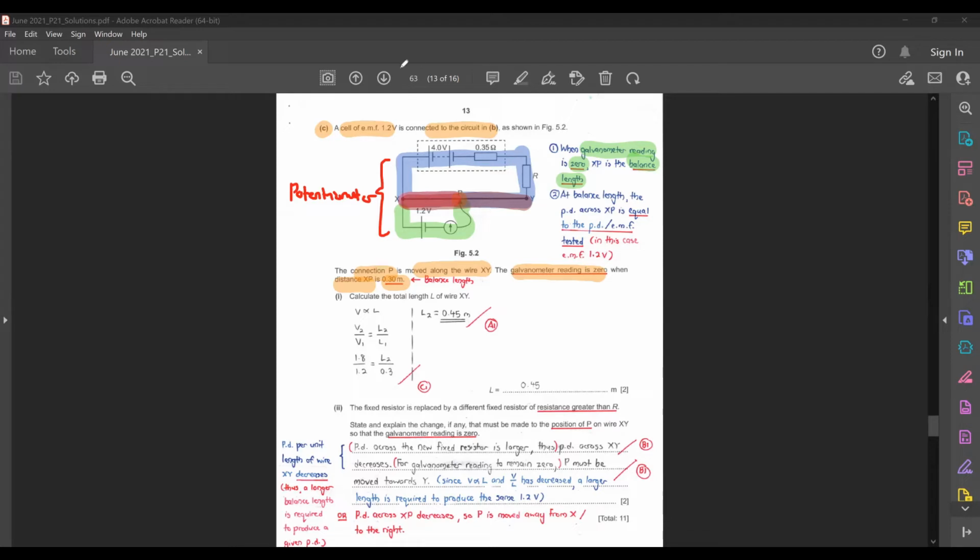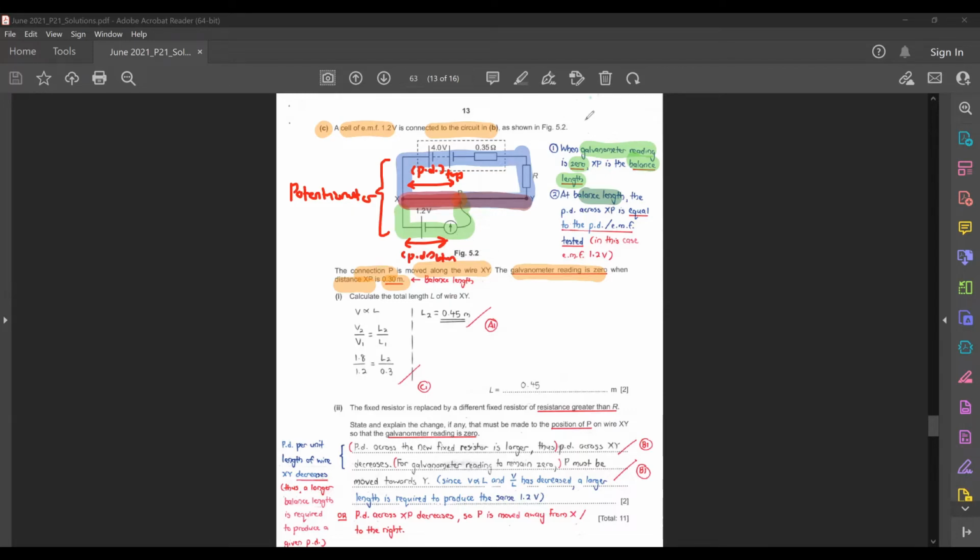Okay, so once you reach balance length, there's another important thing that we know, that being that the PD across the balance length, or the PD at the top, will be equal to the PD at the bottom, or in this case, our EMF.